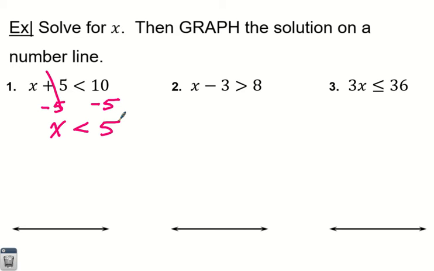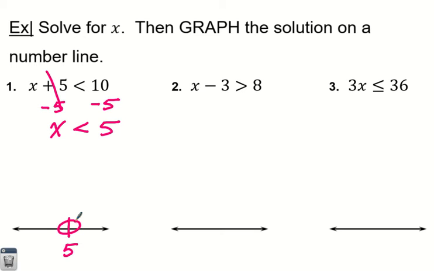But since that is an infinite number of answers, it makes sense to have a graph accompany it. A graph is a very good visual for this solution. And so just like in 6.1, all I have to do here with a blank number line is put a 5 right there, and that's going to be an open circle because it's just strictly less than.